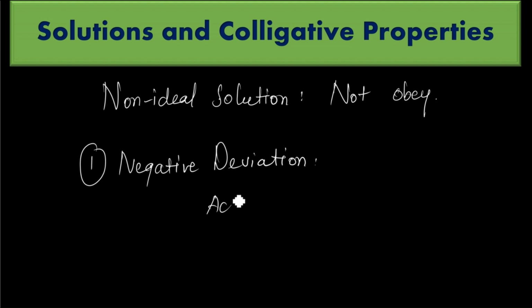Why is that happening? The first case may be that the AB interactions are stronger than AA and BB interactions.